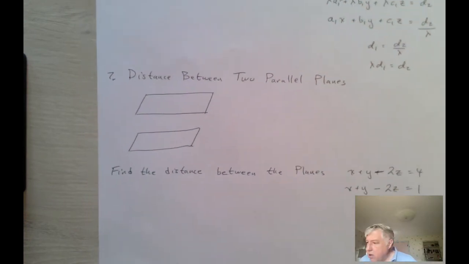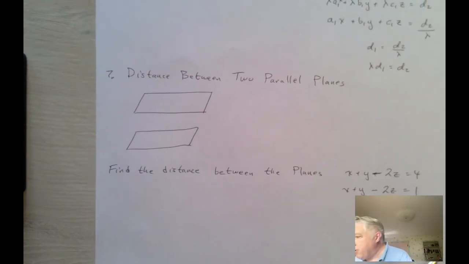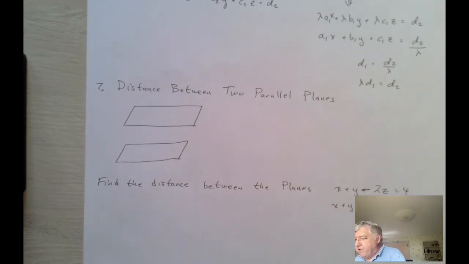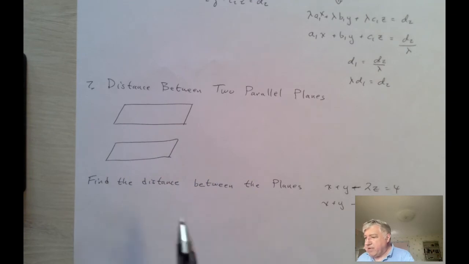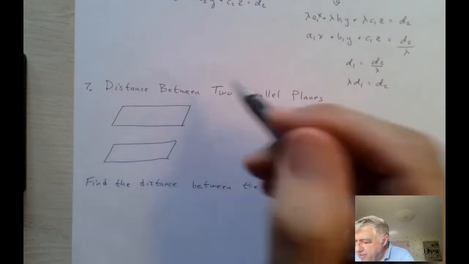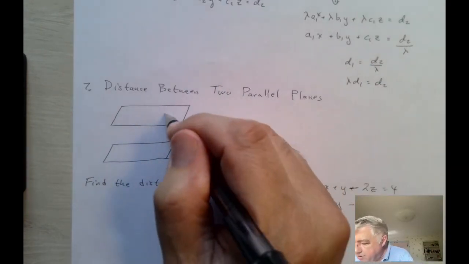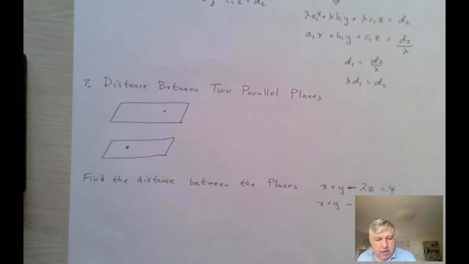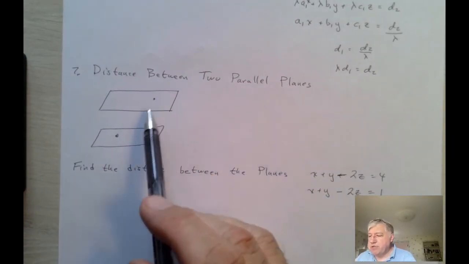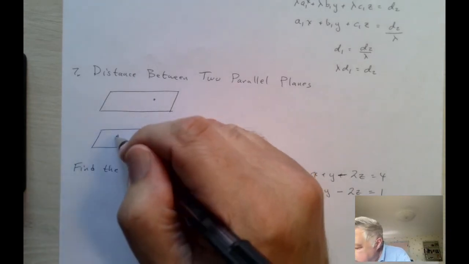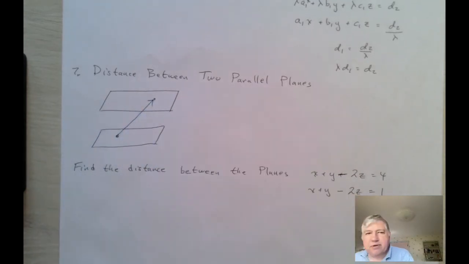Okay. As long as we know that they're different, if there are parallel normal vectors and the planes are different, we can talk about the distance between two parallel planes. And once again, we can start by just taking one point in the first plane, one point in the second plane, and drawing the vector connecting them.